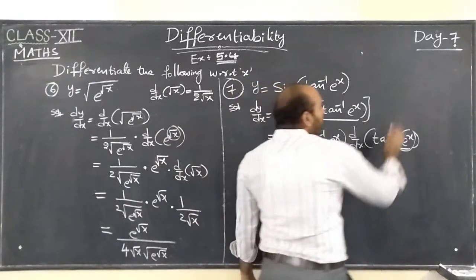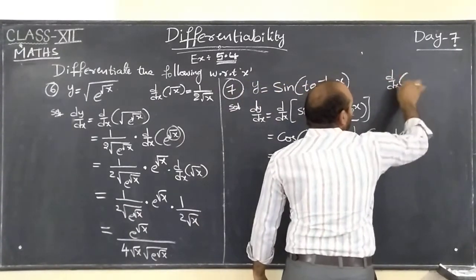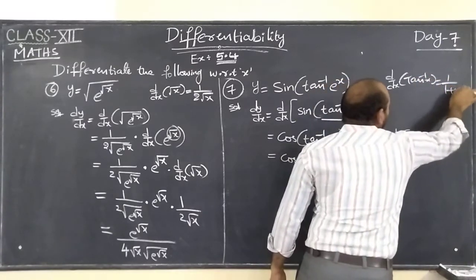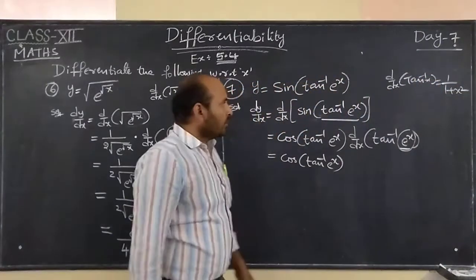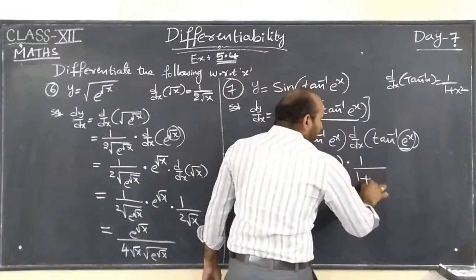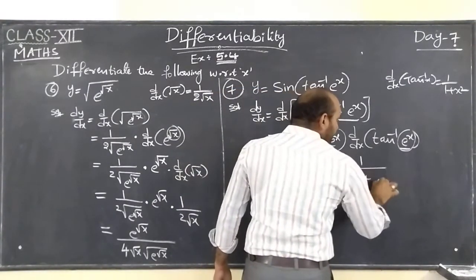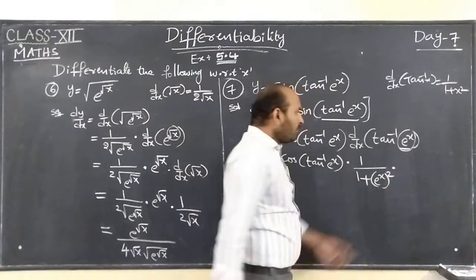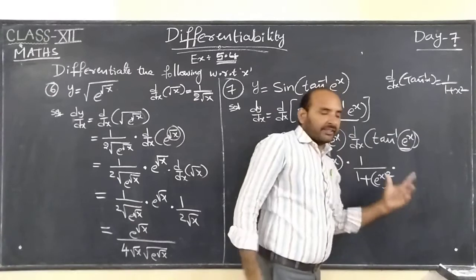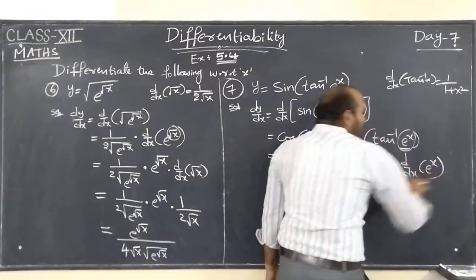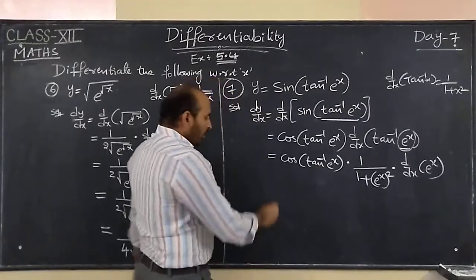The derivative formula: d by dx of tan inverse x is equal to 1 by 1 plus x square. Same thing here, apply 1 divided by 1 plus e power x whole square, where x is e power x, and the inner function d by dx of e power x.